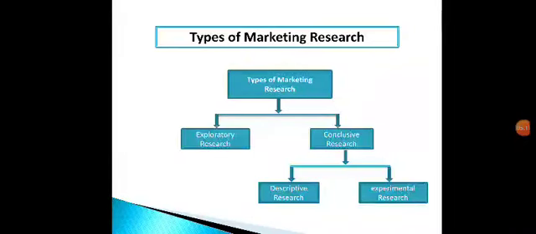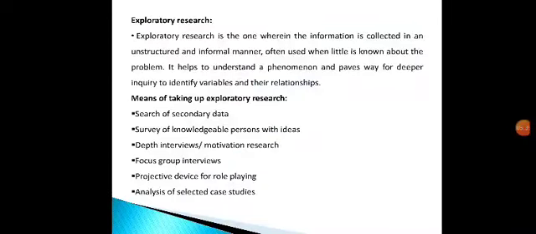Let's discuss different types of marketing research. As the slide shows, there are two main types of marketing research, that is exploratory and conclusive research. Conclusive research is further divided into descriptive and experimental research. So let's discuss what is exploratory research.